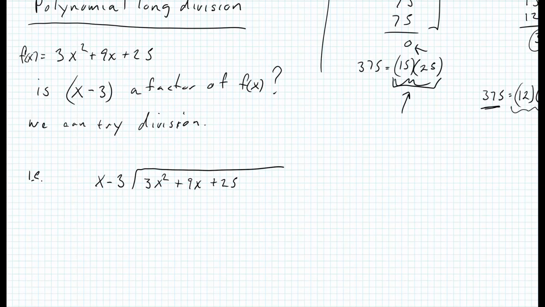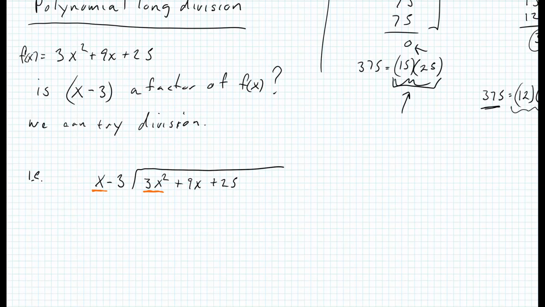The process is almost the same as what you're used to. You look at the first term of the polynomial that's being divided and the first term of the polynomial you're dividing it by.